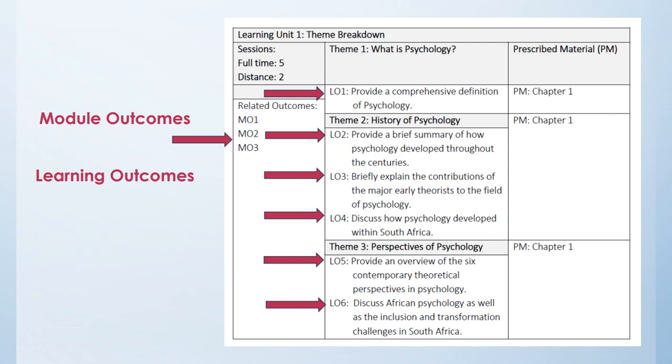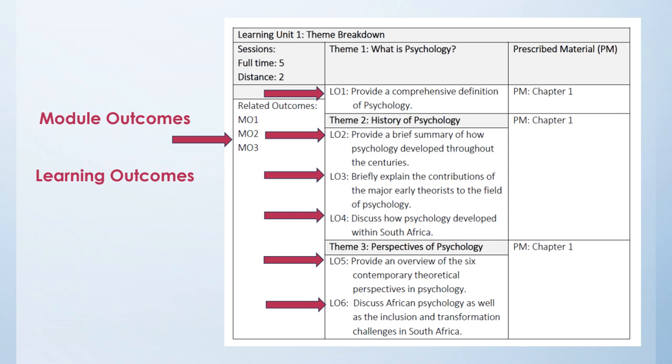Be able to discuss how psychology developed in South Africa. Provide an overview of the 6 theoretical perspectives, which we will cover tonight, and be able to discuss African psychology and some of the inclusion and transformation challenges. Each one of those outcomes is quite specific.